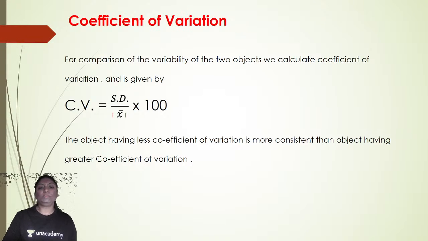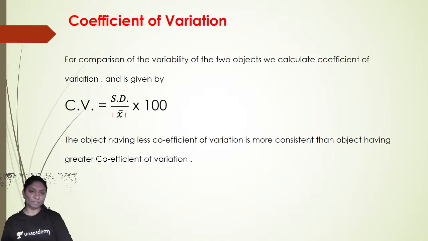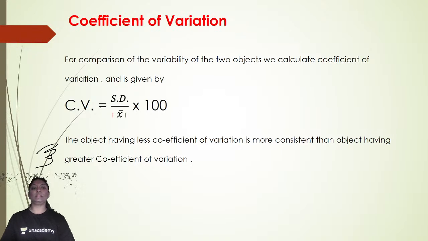Okay, this is very very important. For the comparison of two objects, we use the coefficient of variation and in that we require standard deviation.